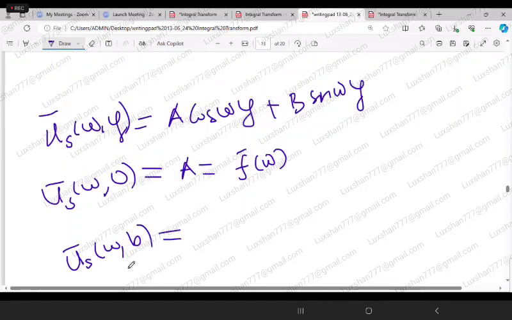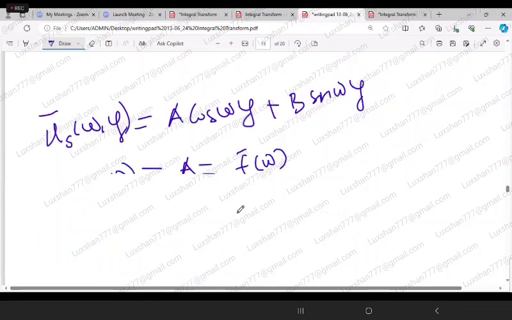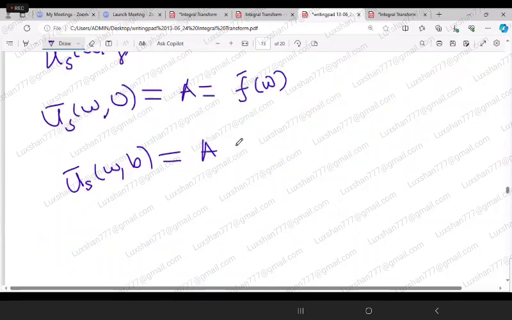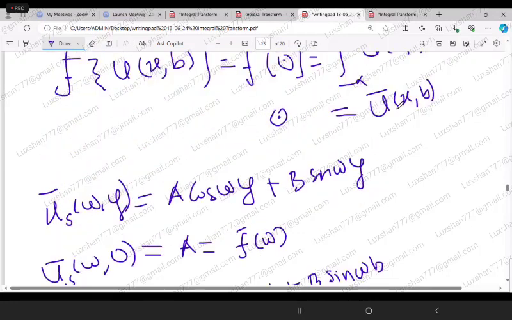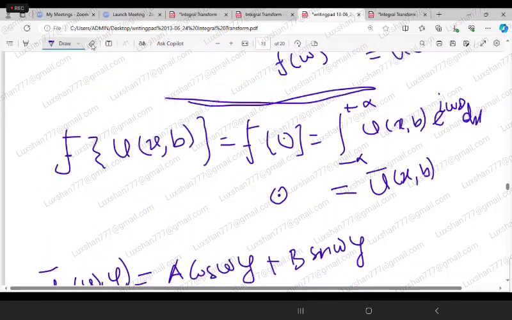So now we'll put y equal b in u bar s omega b. Then we will get a cos omega b plus b sin omega b. But this one is actually 0. Sorry, this one is not x, this should be omega.